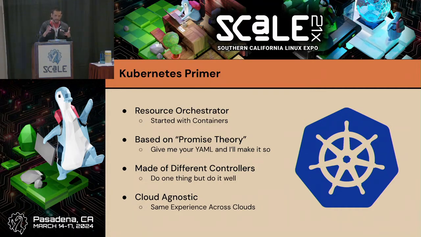And one of the things about Kubernetes is it's cloud agnostic. How I interact with AWS and how I interact with GCP is basically the same. I'm using the Kubernetes API, and the back-end infrastructure doesn't necessarily matter to me. It matters depending on who you are, right? If you're a developer, you really don't care.